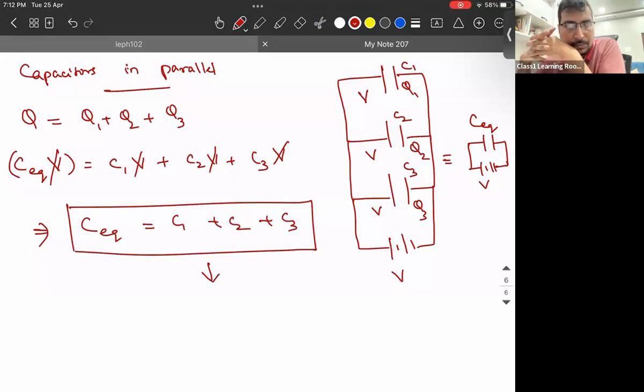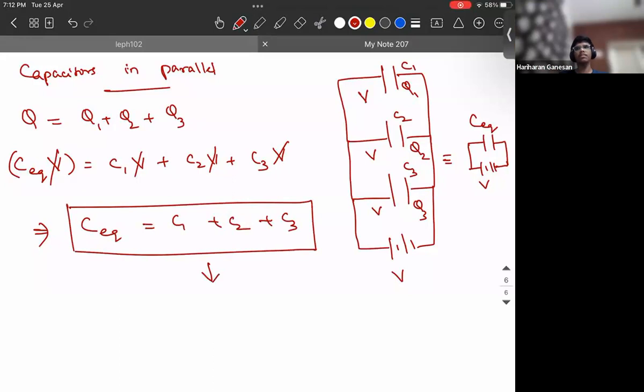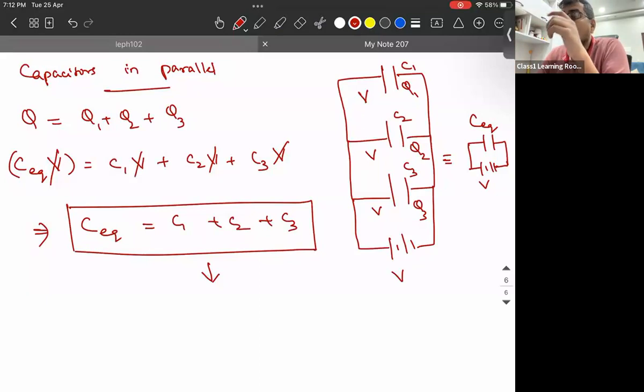I hope you're able to understand. Yes, sir. So what happens in the case of series? 1 by C equivalent will be equal to 1 by C1 plus 1 by C2 plus 1 by C3, until 1 by Cn.